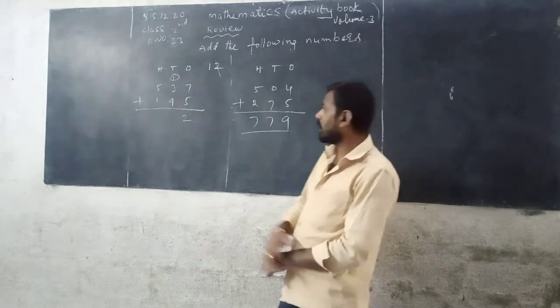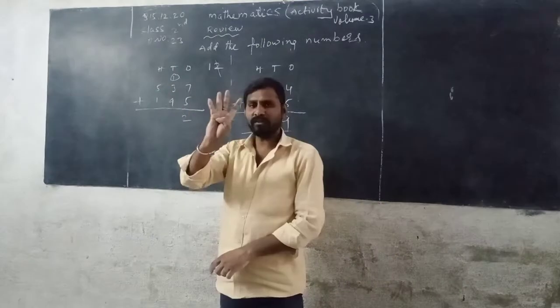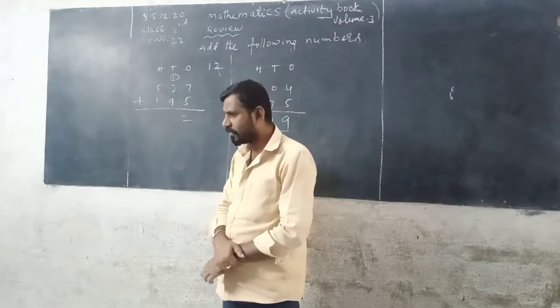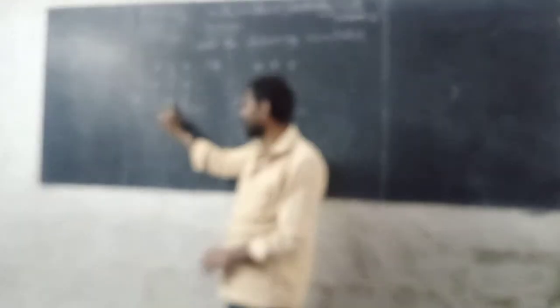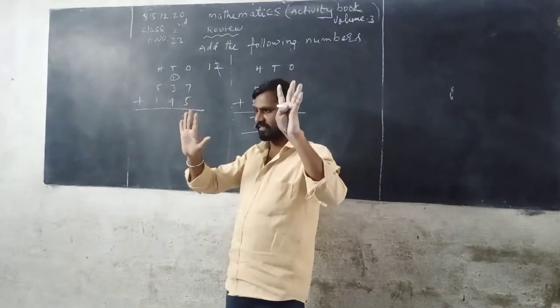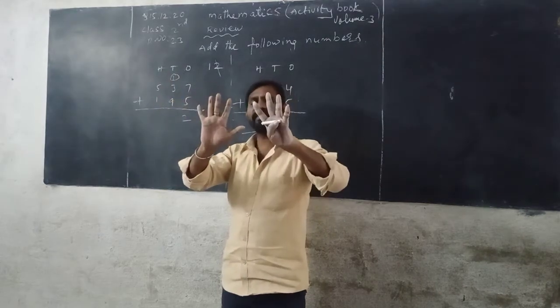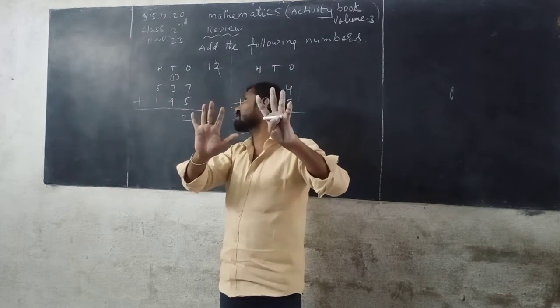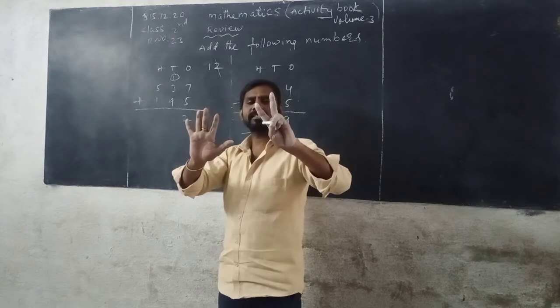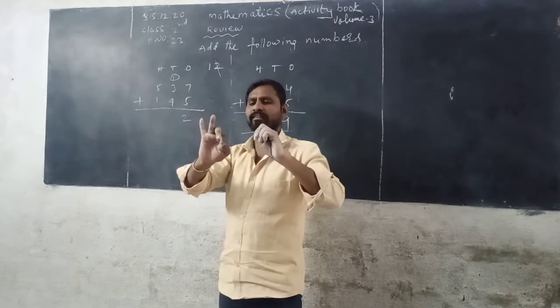See, now 1 plus 3, 4. We count 4 after how many fingers? 9 fingers. 1 plus 3, 4 after 5, 6, 7, 8, 9, 10, 11, 12, 13.